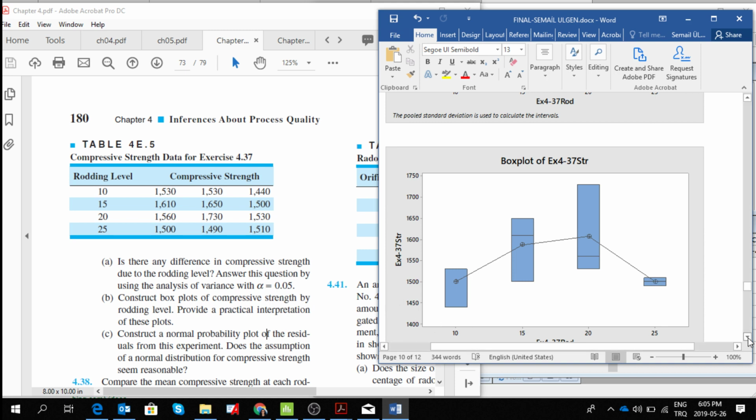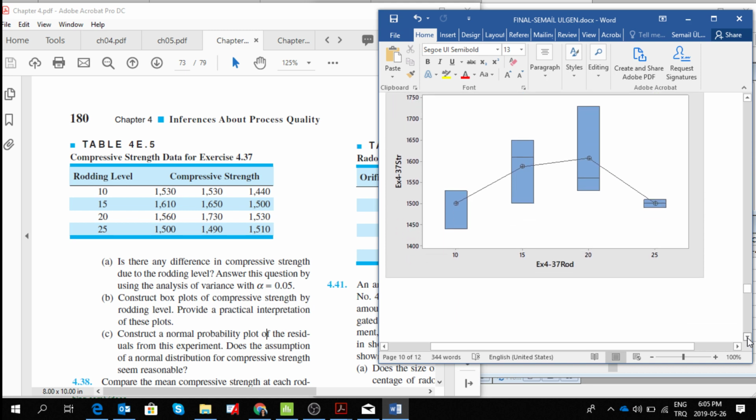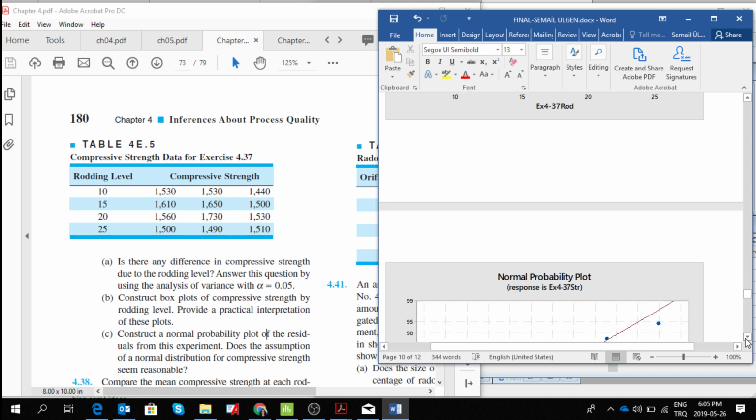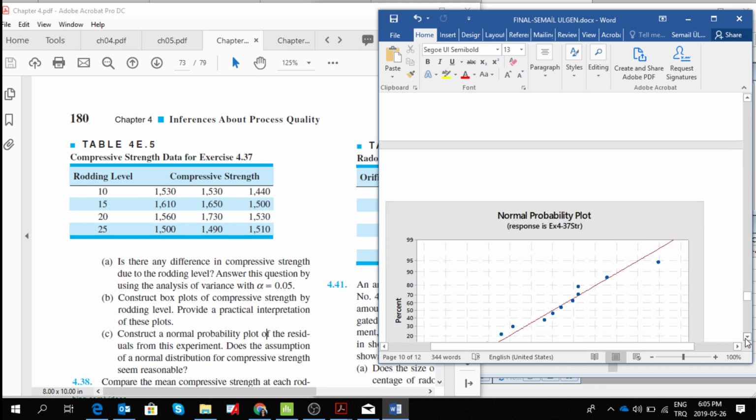And part C, what's part C? Construct a normal probability plot of the residuals from this experiment. Does the assumption of a normal distribution for compressive strength seem reasonable?